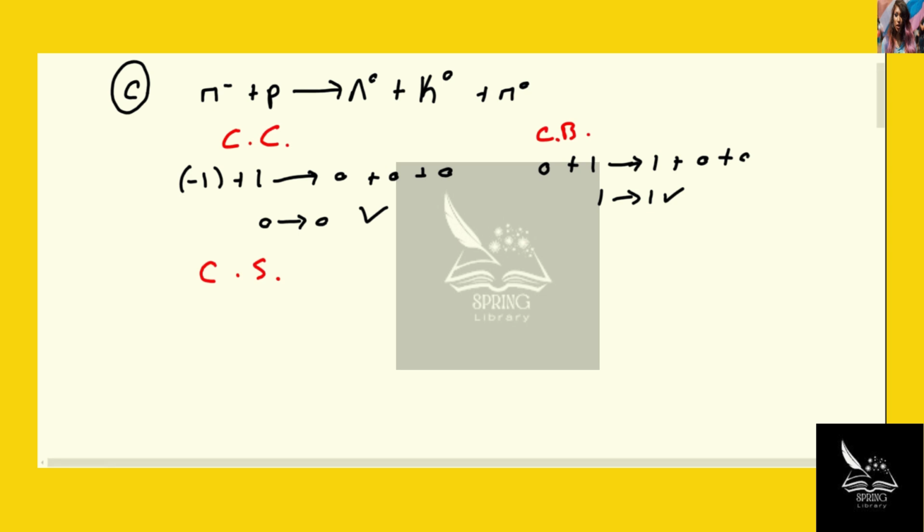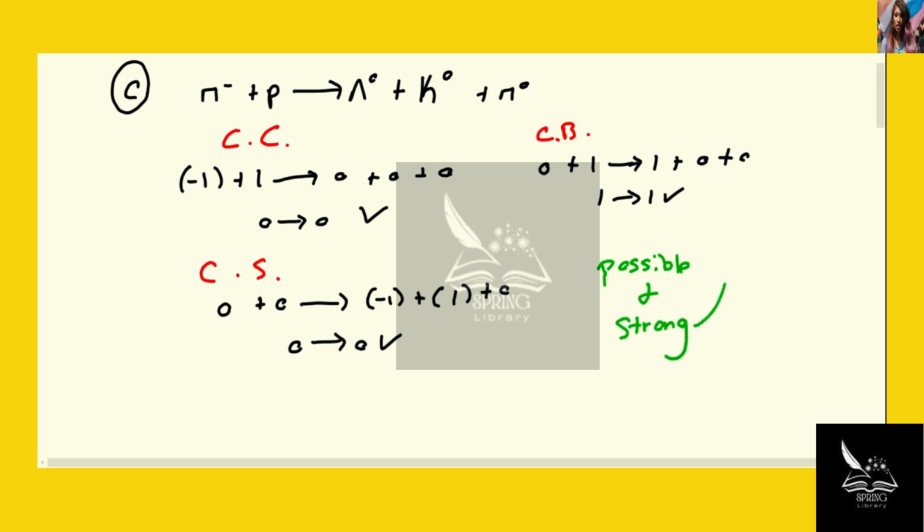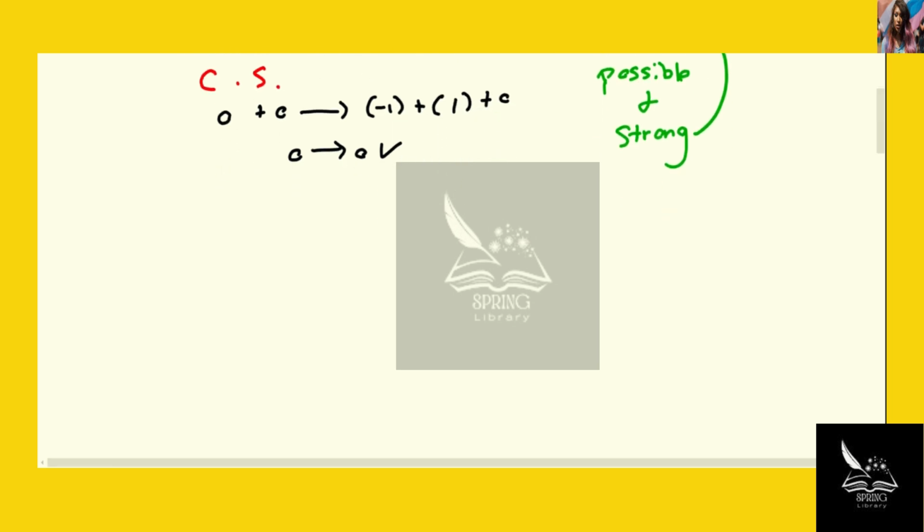That's going to be 0 plus 0 going to -1 plus 1 plus 0, which is 0 to 0. So that checks out. So this is possible, and it's a strong reaction. Again, that's due to the baryon.